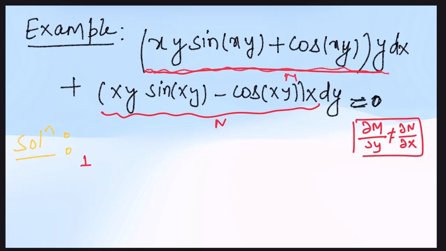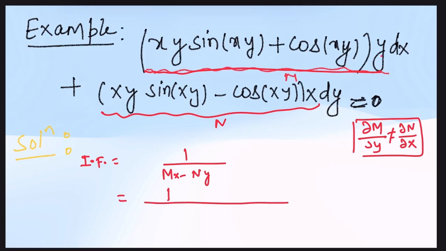M is this factor, multiplied by x, so we get xy times (xy sin xy plus cos xy), which is x squared y squared sin xy plus xy cos xy.